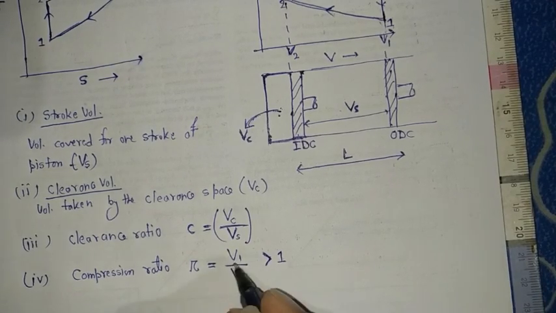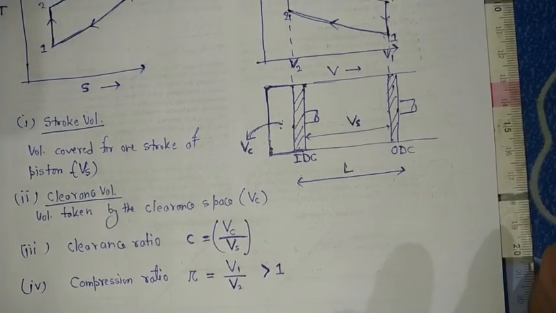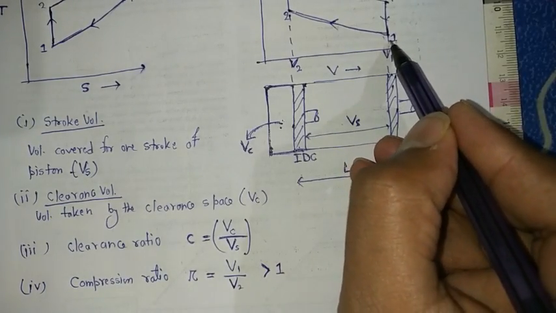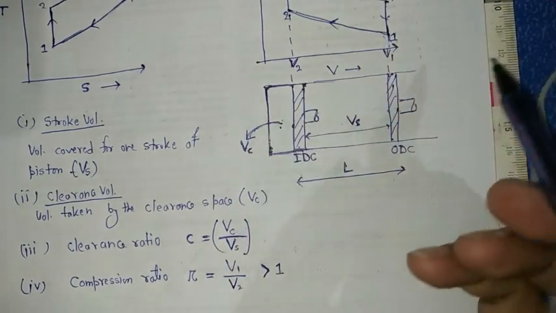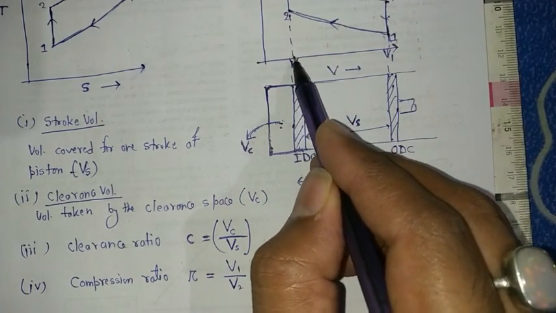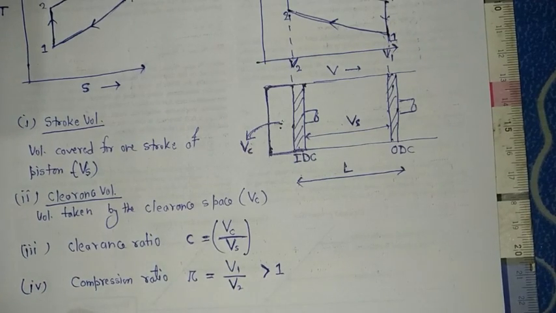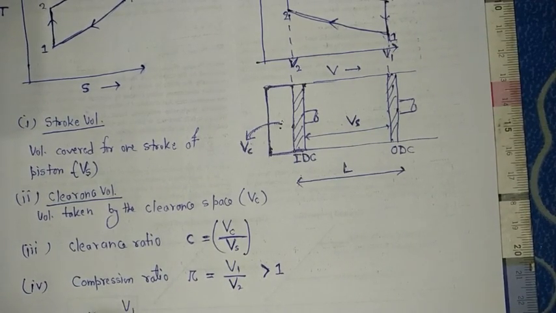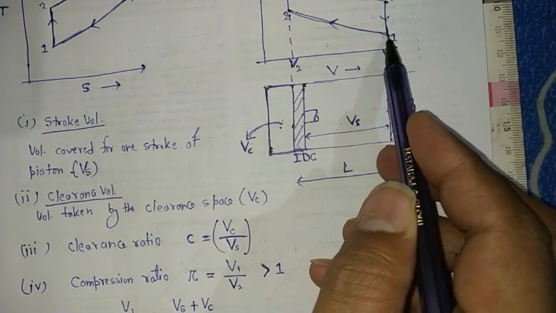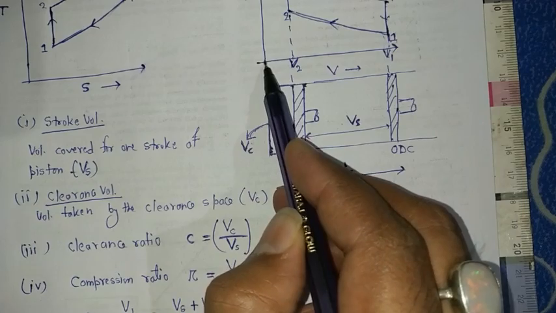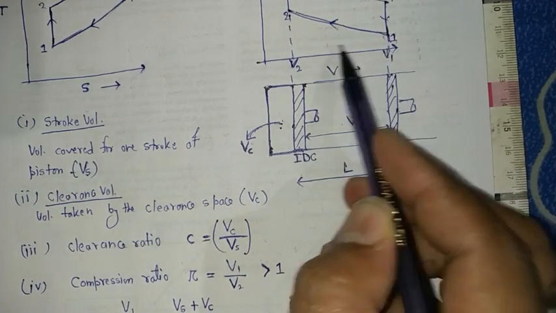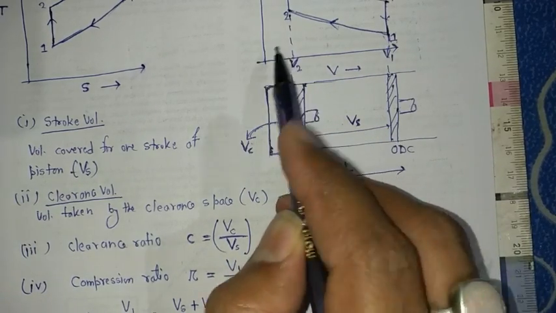Okay, so V1, from here we can see that Vs is equal to V1 minus V2, and V2 is equal to Vc. So R is equal to V1 by V2, and V1 we can write as Vs plus Vc, because V1 is the volume from this origin to this much, and this much is Vs and this much is Vc.